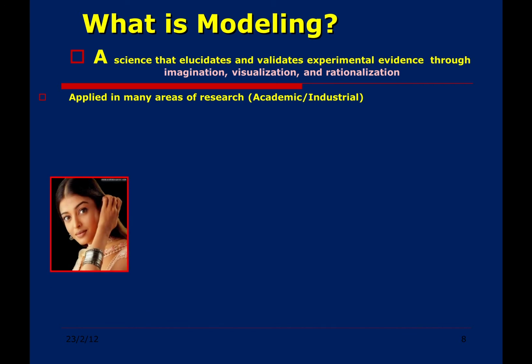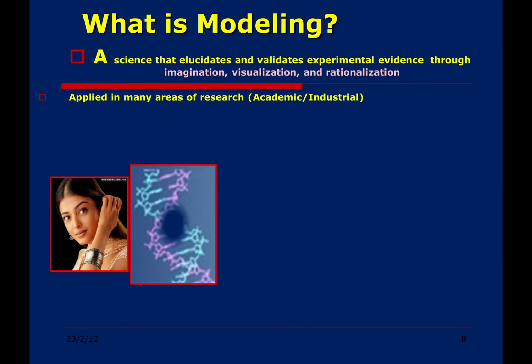A model will be more convincing to understand the usefulness of a particular product. Models can be human beings, or, coming directly to the science, a DNA model will tell you more effectively than seeing it in the book.